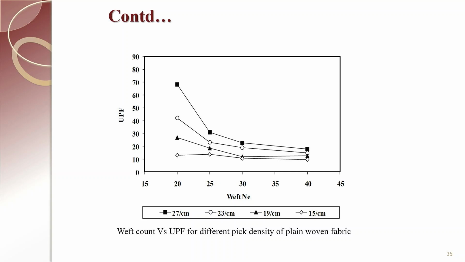Now, again we can see different counts in weft yarn, weft count versus UPF. In English count, as it becomes finer weft yarn, the UPF value reduces, due to more and more opening.